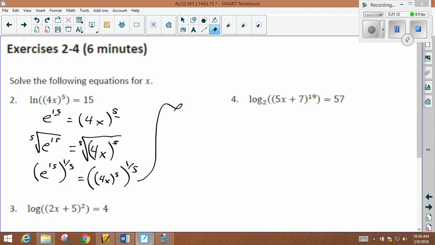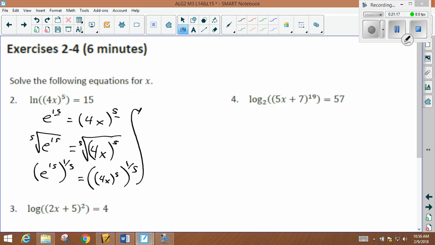For instance, if I go 15 times 1/5, what's 15 times 1/5? It's the same thing as dividing 15 by 5. So I get e to the 3rd here. And then 5 times 1/5 is 1, right? So there we go. Nice. Very nice. I like it very much.